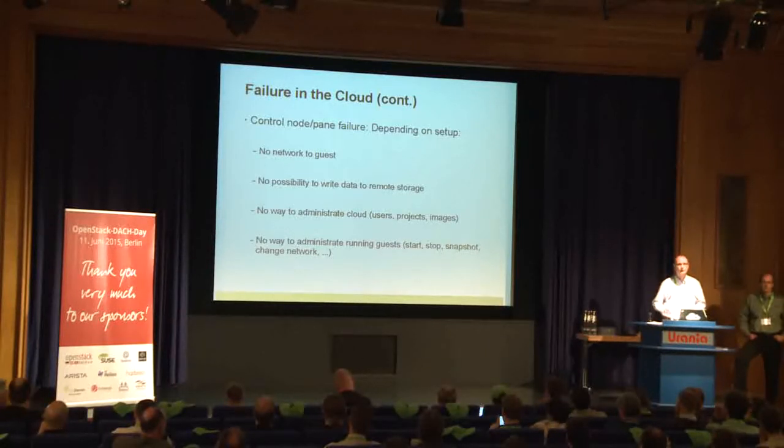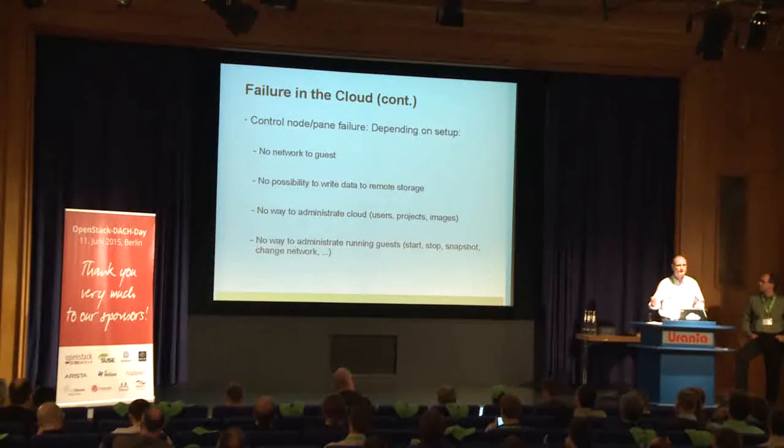If your storage, which is provided by OpenStack, is not available, it's fun that your guest is still running and that you have network access, but no writes are possible. So the user is unhappy. You're also unable to administrate or use the cloud itself. You're not able to start or administrate anything here. So covering failure of the cloud is essential for high availability.